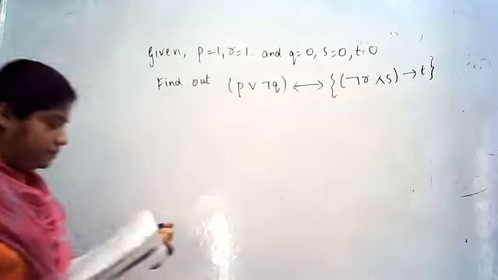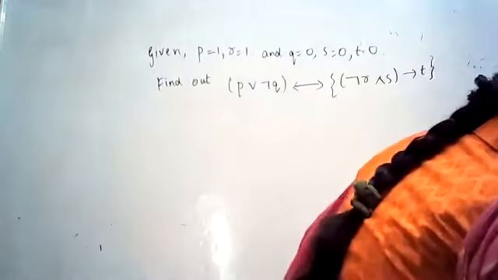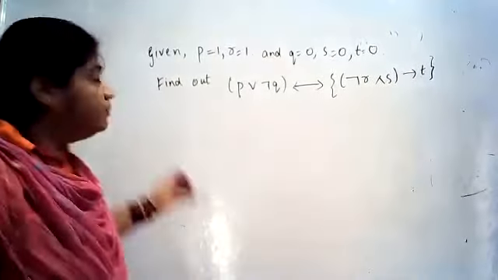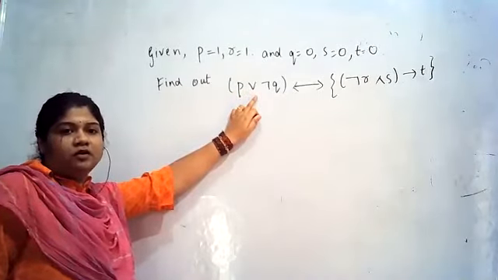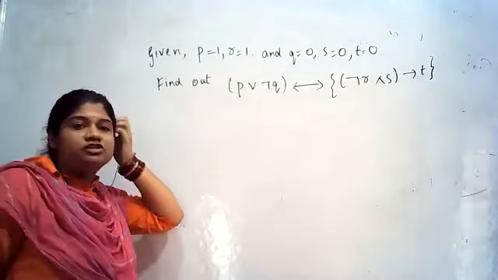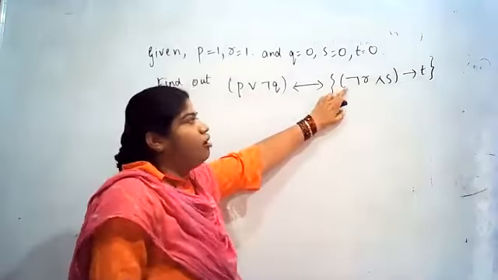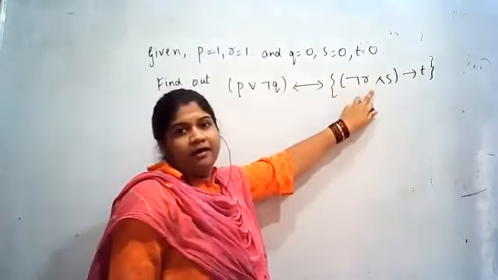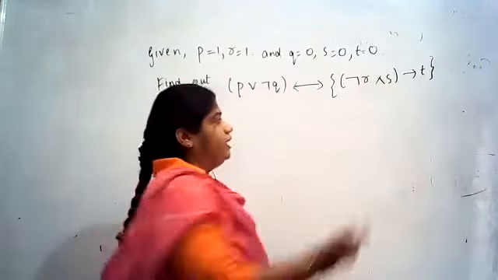That's it. Find out P disjunction negation Q, biconditional of negation R conjunction S, then T.